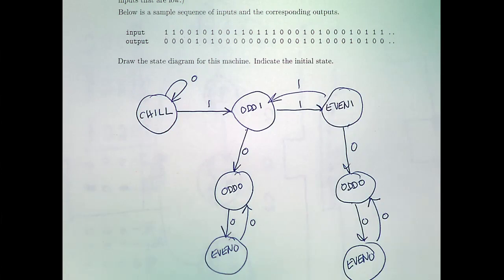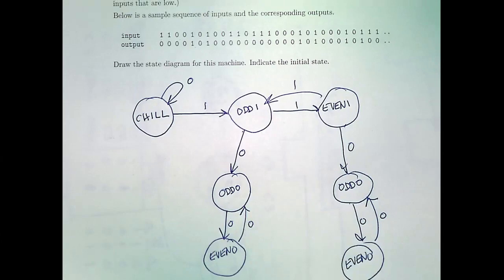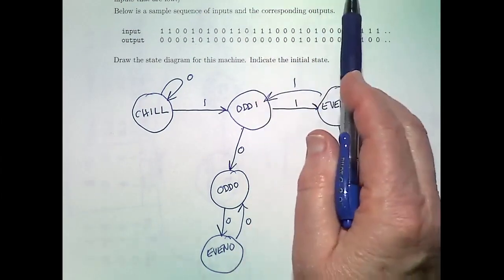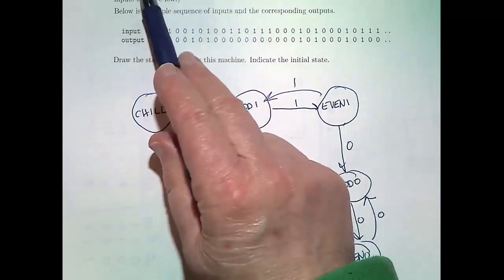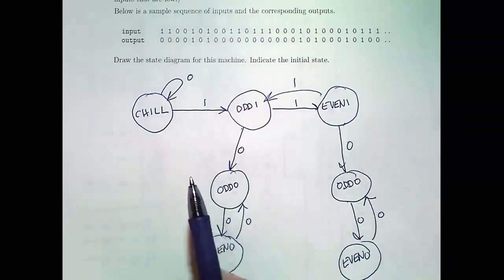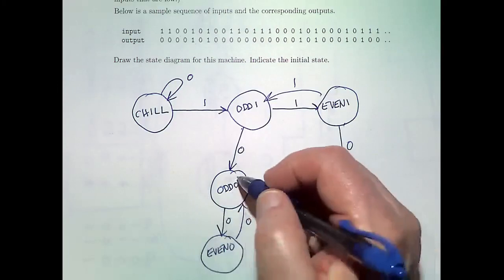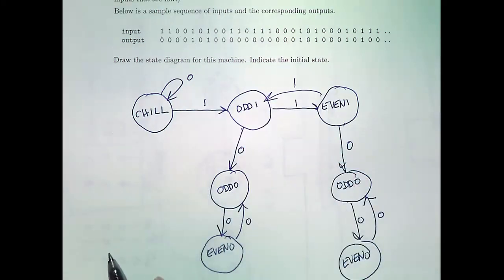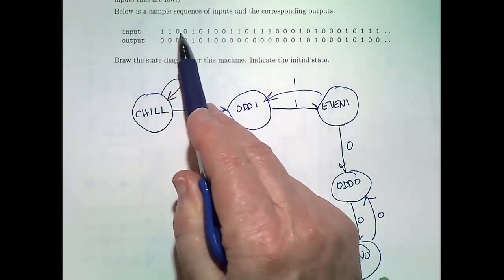What do I do with ones? Suppose I'm here and I get a 1. Let's see, okay, so we had 2 1s, 2 zeros.